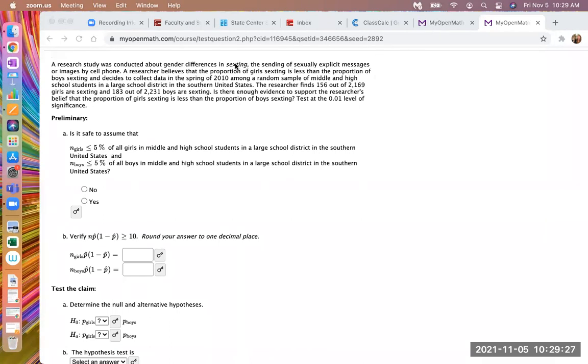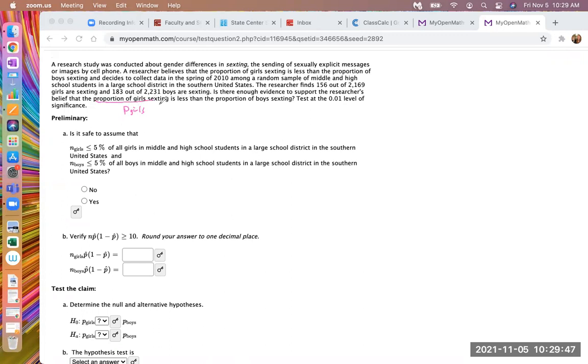So see how it says proportion of girls. If I write that as shorthand, that is p sub girls. I'm not going to write out the word proportion, I just write p sub girls. That's the proportion of girls, is less than.